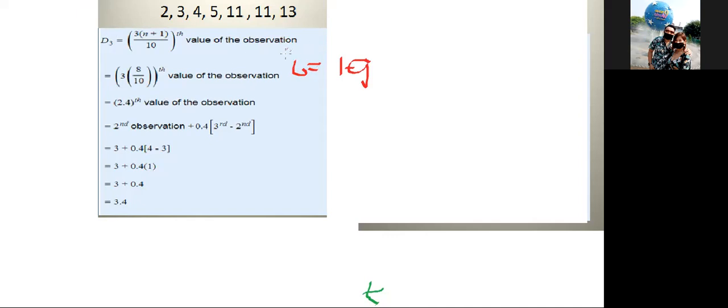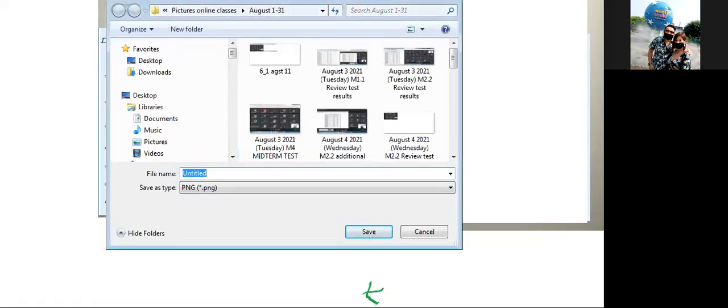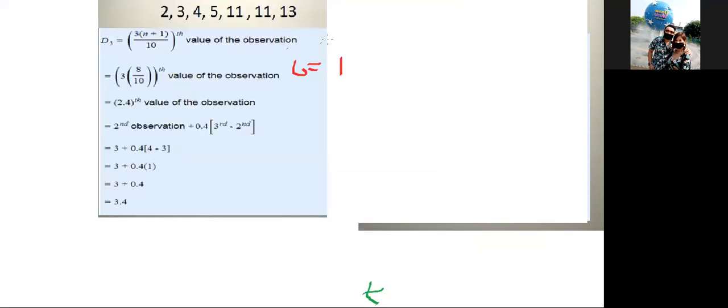So our i will be 1 to 9. This is i. How about our n? Our n is the number of data. How many data did we have? The same as the other one. So we have 7.